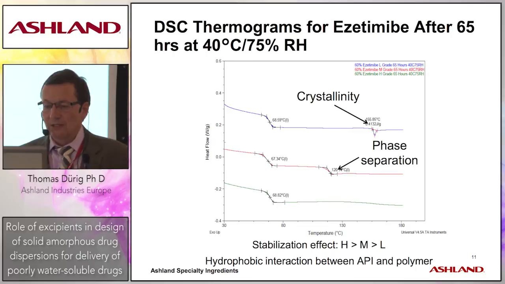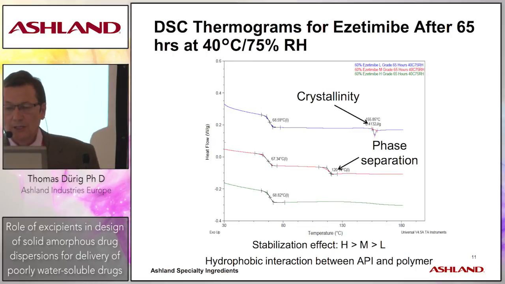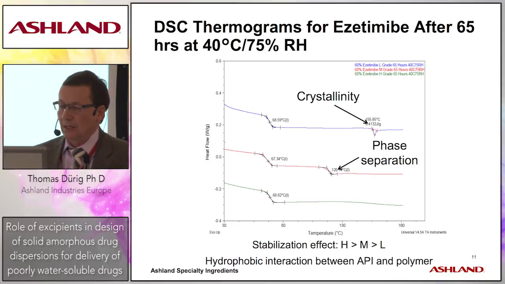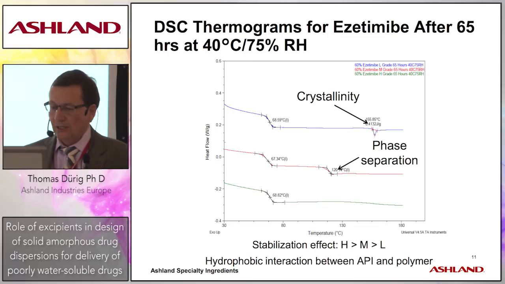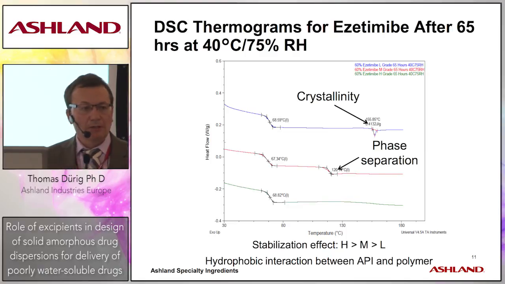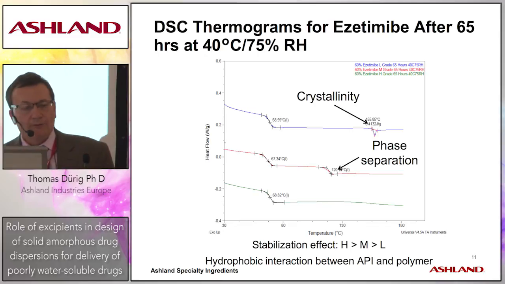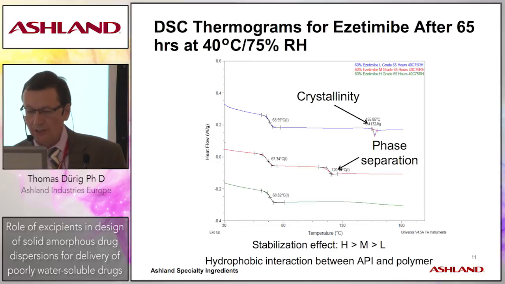And here you can see DSC thermograms for the three formulations that were tested. So the blue one is the one which contains the HPMCAS L grade. And you can see here after 65 hours under these accelerated conditions, there's a little melting peak here that corresponds to the melting temperature of the API, of Ezetimibe. So there has been some recrystallization.